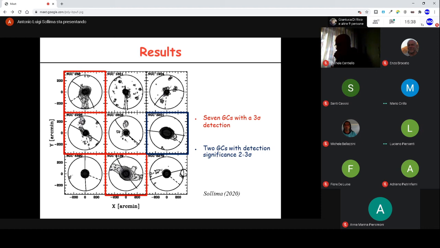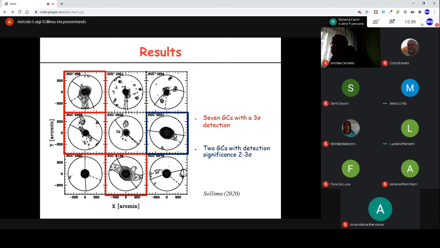So here you see in red the clusters with significant detection, which are all contained among those I showed you before. The 2 sigma detection is NGC 3201 in this case, where you can see there is a small deformation of the contours at 3 sigma, which is aligned with the direction of the galactic center, but still not very collimated in one direction.